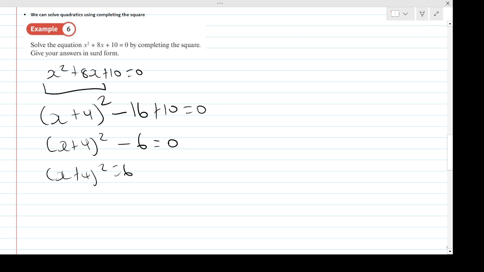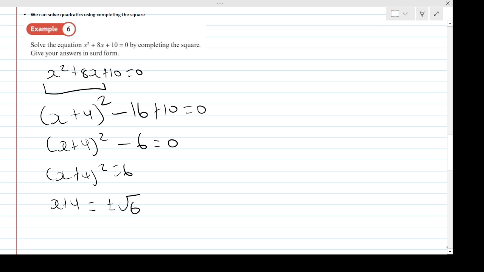And hopefully now you can spot, well, x plus 4 is a number, and we have something squared, right? Something squared equals a number. I can square root both sides, again exactly like an equation we looked at solving last time. So simply then, if we square root both sides, x plus 4 is going to be plus or minus the root of 6.